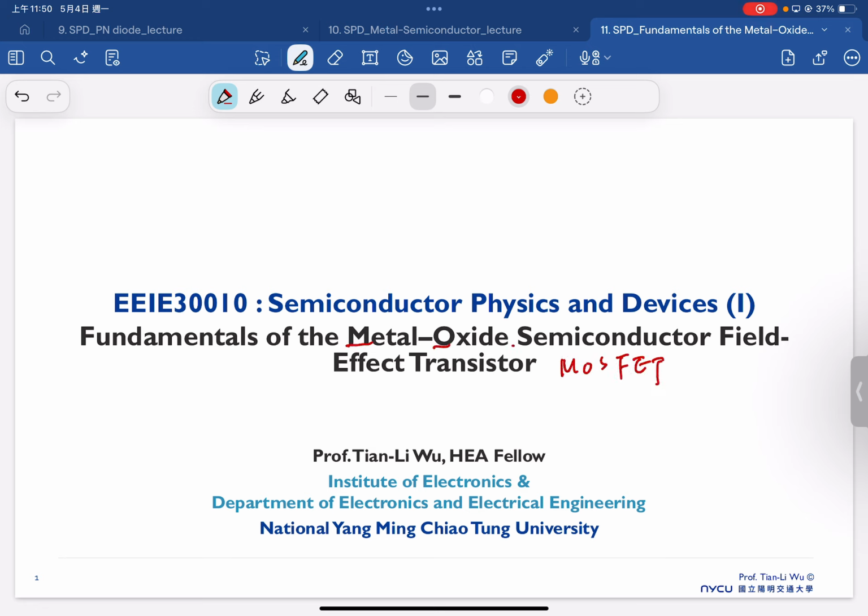But when we talk about the MOSFET, we are actually combining all the pieces we know. We have to know the PN junction, the contact, and the MOS capacitance. So we actually divided the MOSFET into several small parts, and what we have to do right now is put all these parts together, and that becomes a MOSFET.